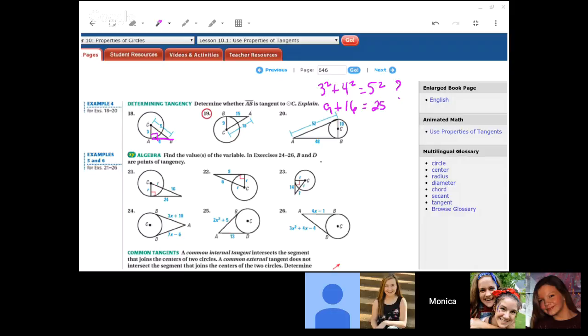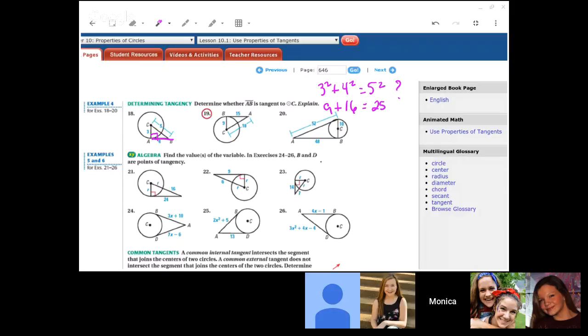So Abby, on these, again, we're using Pythagorean theorem. Same thing we did on 18, 19, and 20, except this time we have letters in there, okay? So if we're looking at 21, remember the hypotenuse is the one that's across from the right angle.